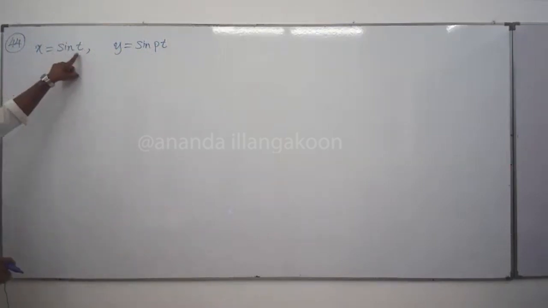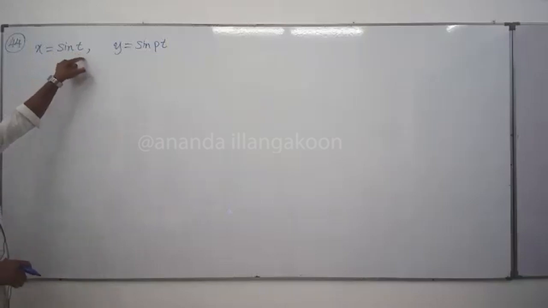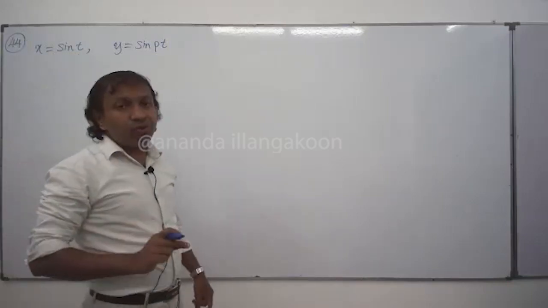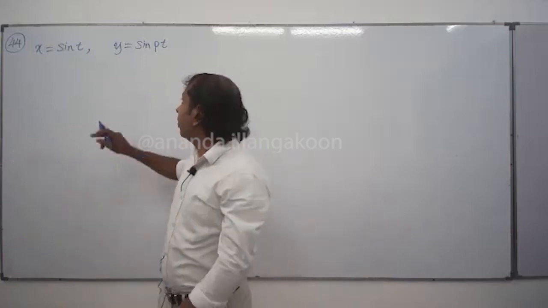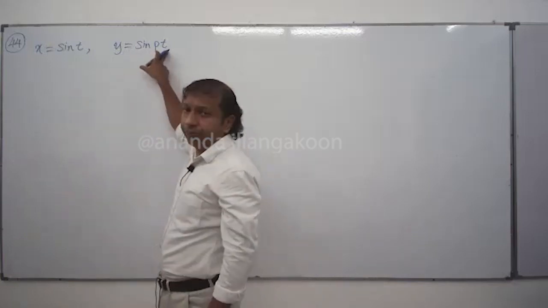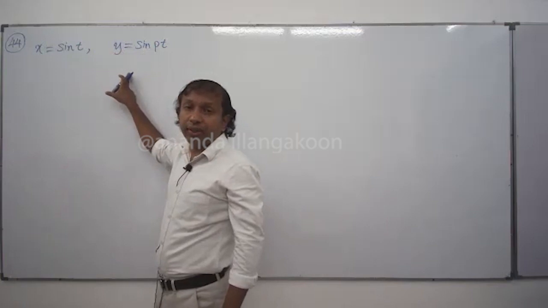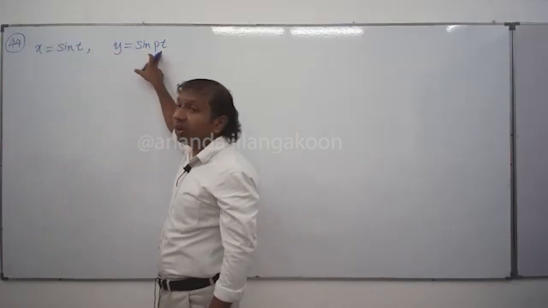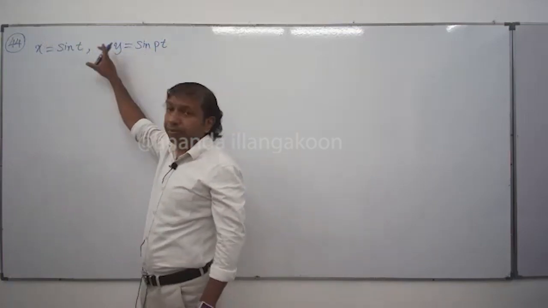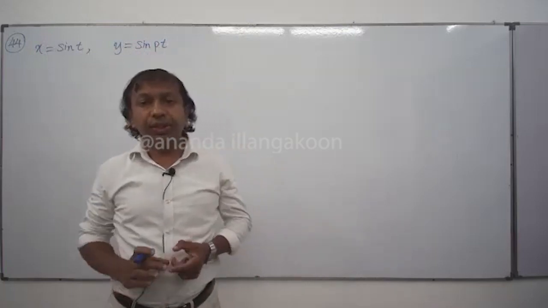On the right-hand side of x, we have t, so we can find dx over dt. On the right-hand side of y, we have again t, so we can find dy by dt. Here p is a constant, remember, and t is a parameter.